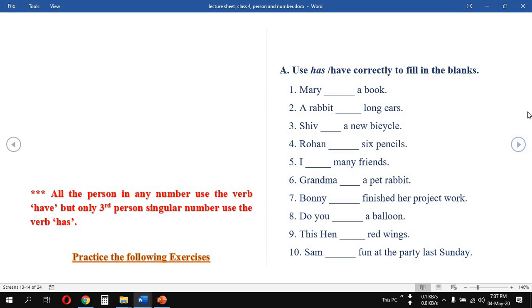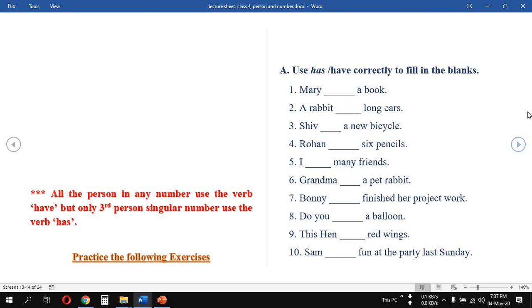Number 2, a rabbit dash long ears. A rabbit. You can see a at the first of the sentence. So it is a what? Singular number, right? It's a singular number. The subject is in singular number.